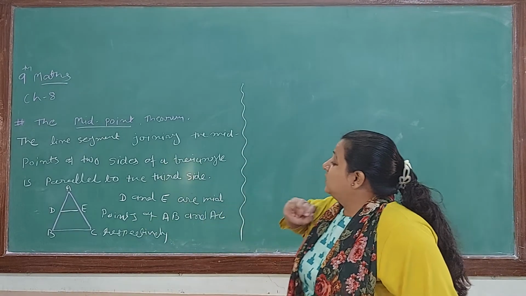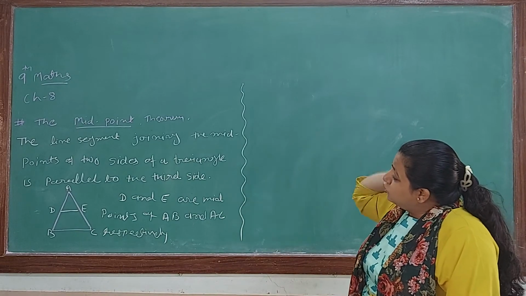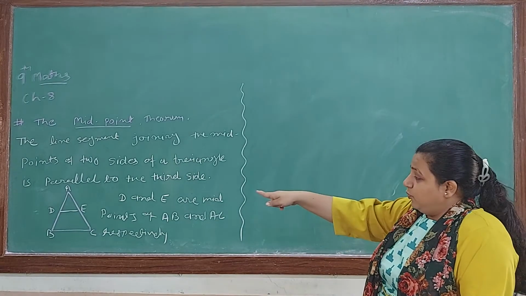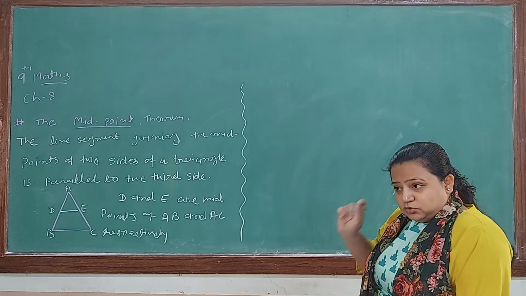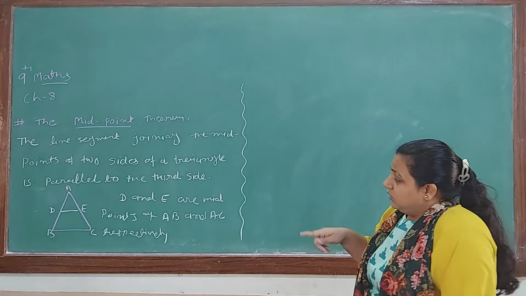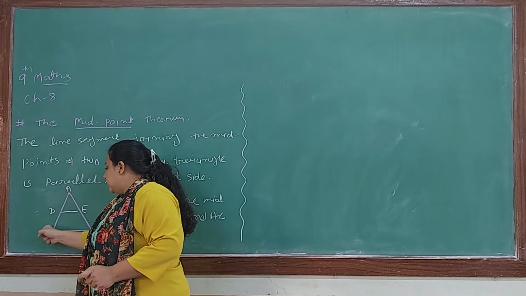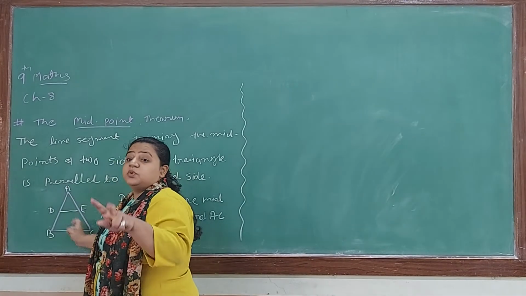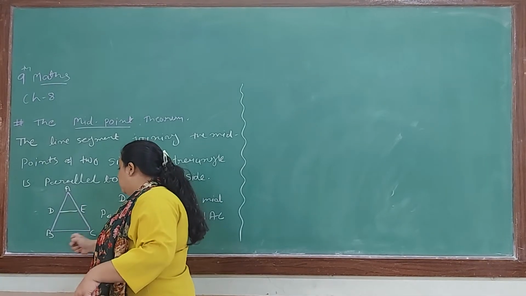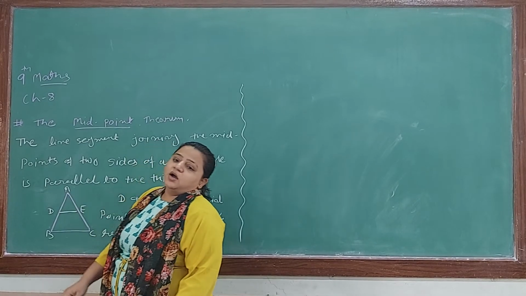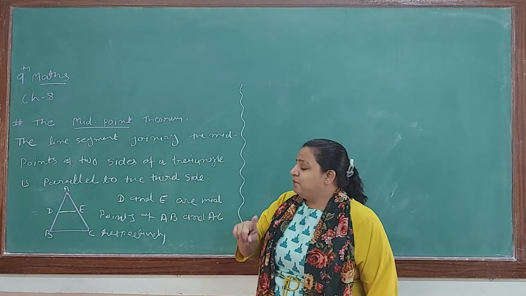If they are saying the line segment joining the midpoints of two sides, so midpoints, DE is the joining line, right? So here they are saying one side and two sides, that means 1, 2, and the third one BC is parallel to DE.